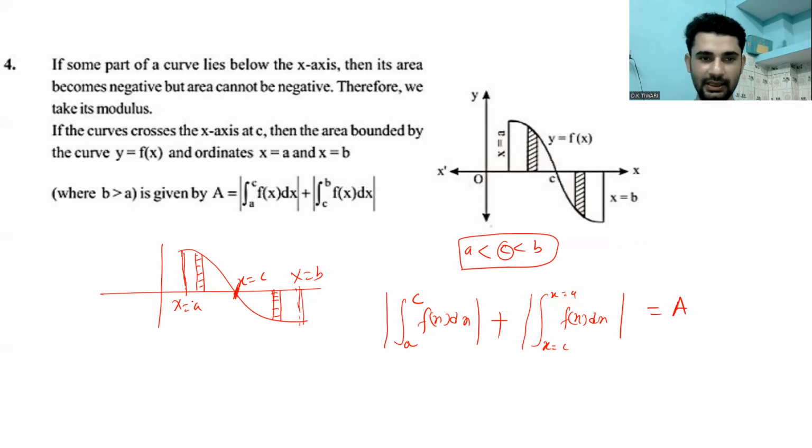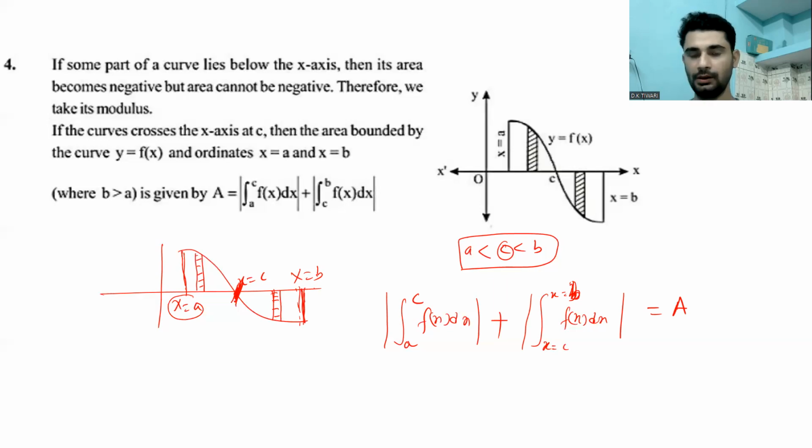You just firstly integrate from x equal to a to x equal to c to get the upper portion of this area. And from x equal to c to x equal to b, sorry, this is b, not c. From x equal to c to x equal to b, we just integrate to get the lower portion of this area, and then take the mod value and add these two areas to get the complete area.